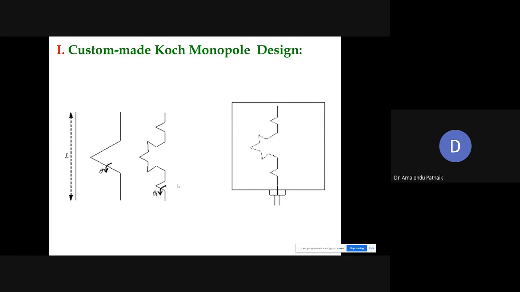That means I want the antenna to resonate at specific frequency 1, specific frequency 2, specific frequency 3. For that, what should be my L, what should be my theta, theta 1, and so on? That design problem is actually challenging, not the analysis problem.